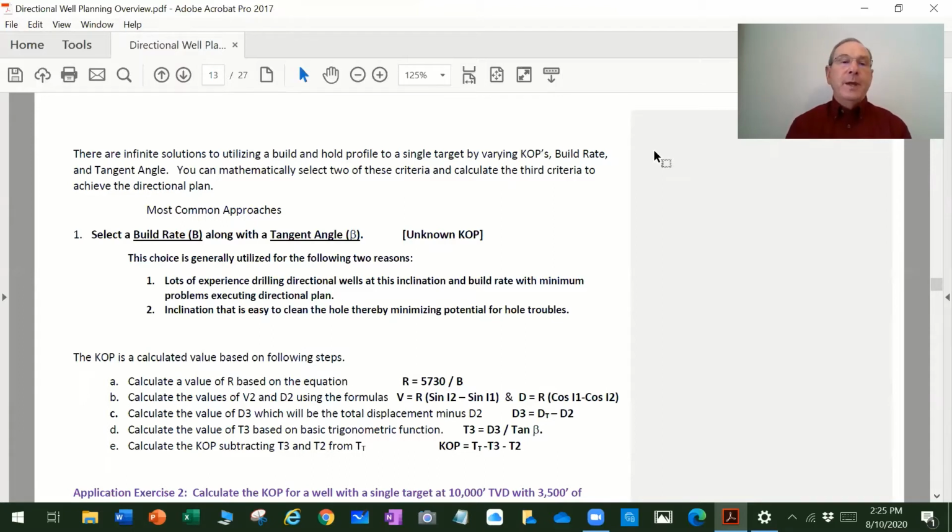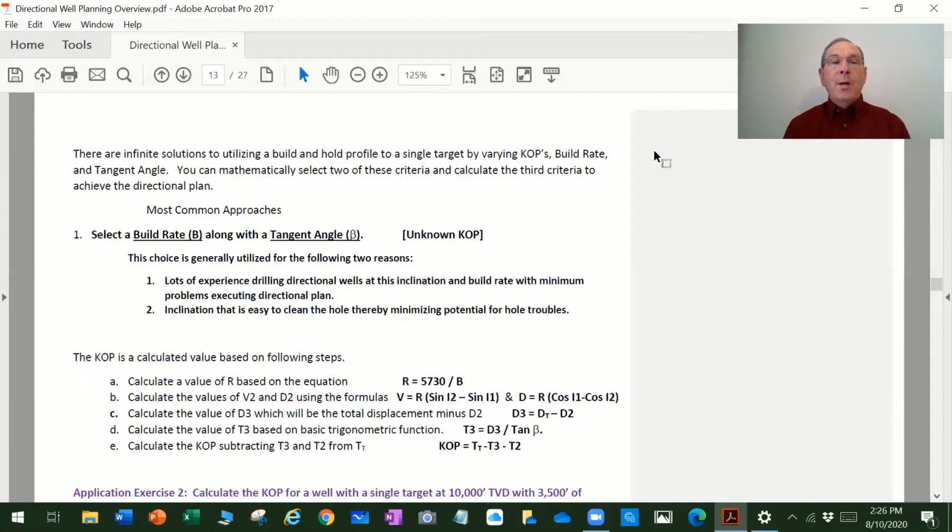It's really common to pick a 3-degree build rate and a 30-degree angle. That one is what we would call an unknown kickoff point. So we've chosen 2 of the 3 components, and we would have to calculate the 3rd component, which is the kickoff point.